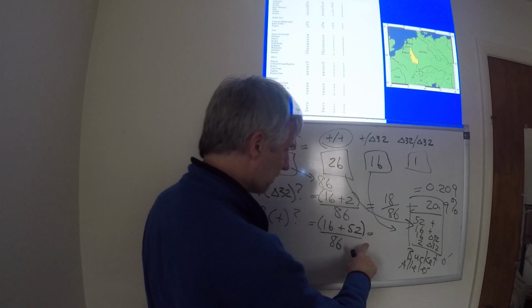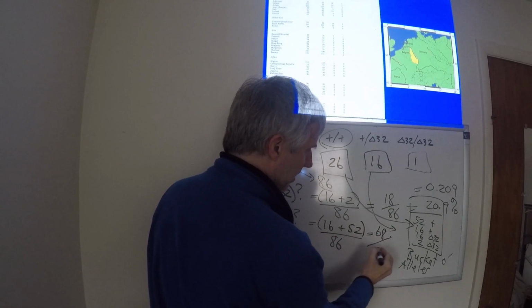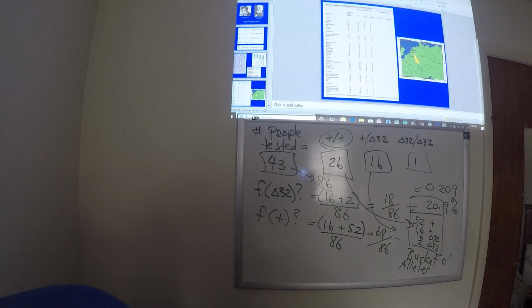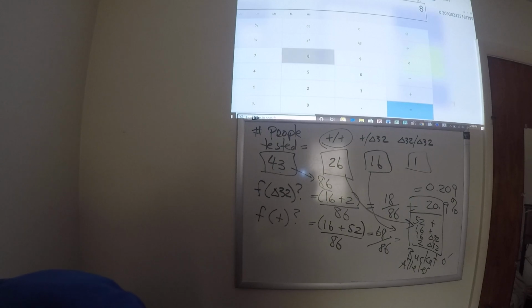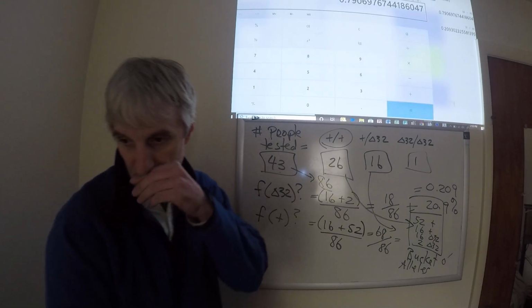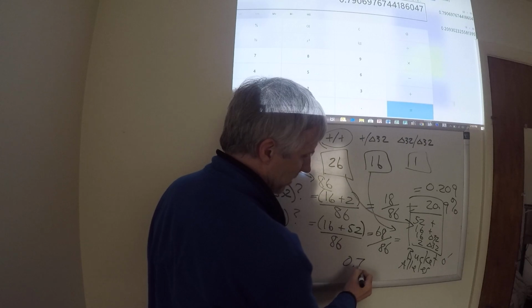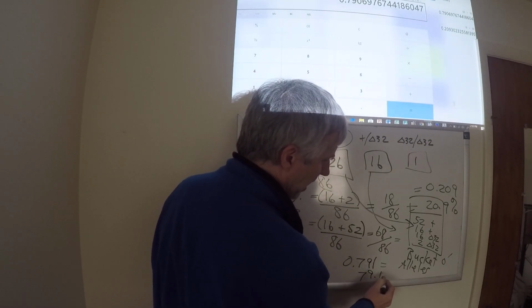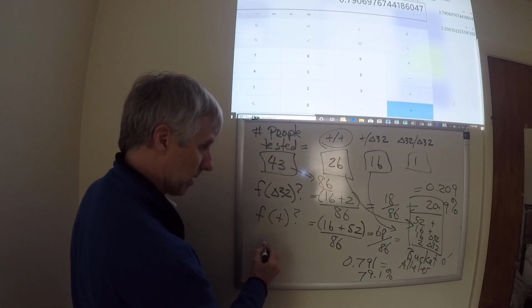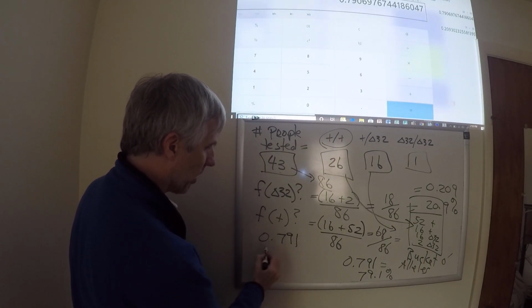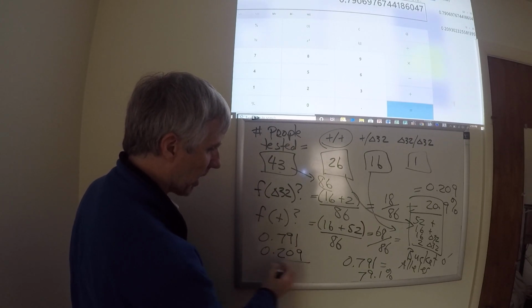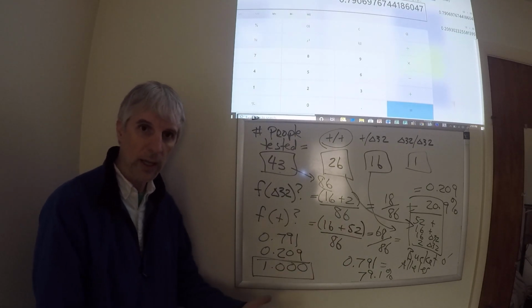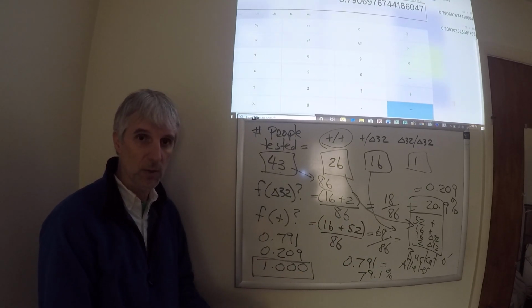This would equal 68 over 86. 68 divided by 86 equals 0.791, or 79.1%. 0.791 plus 0.209 sums to 1, so I'm pretty confident that my math is okay.